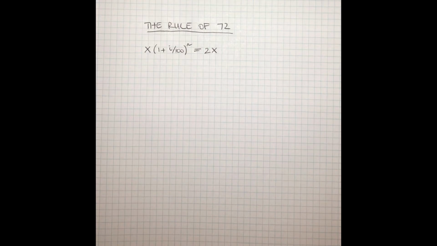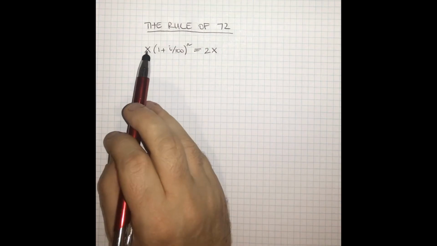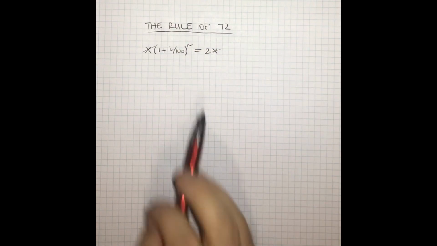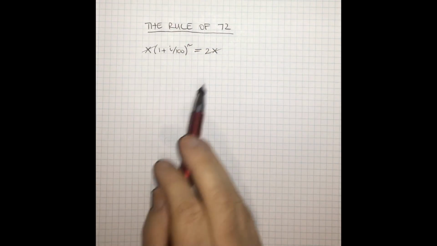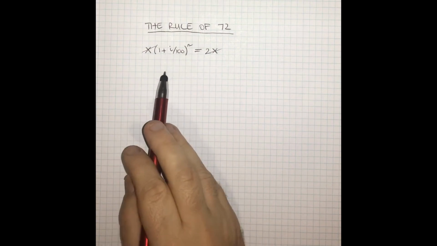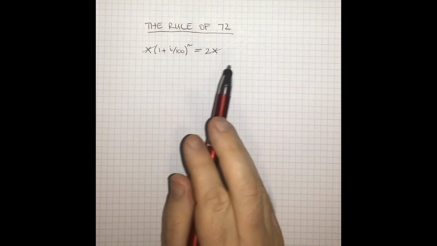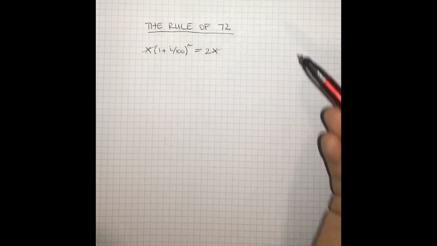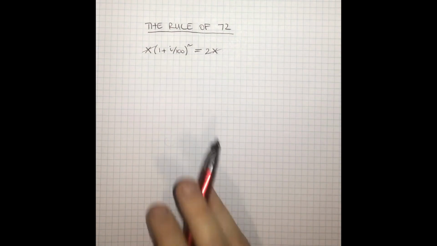And the very first step we can do here is the X's will cancel each other out, so we can drop those off. And essentially we just need to do a bit of simple rearranging to get to our rule of 72. So the first thing I do here is I take the natural logarithm of both sides.